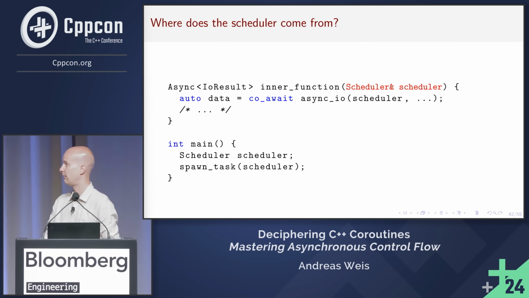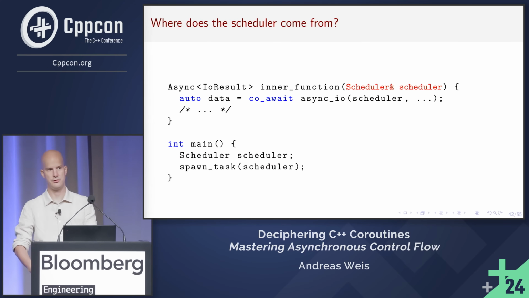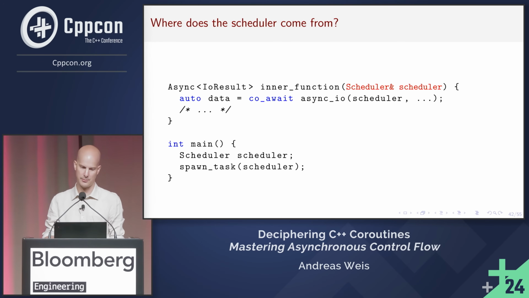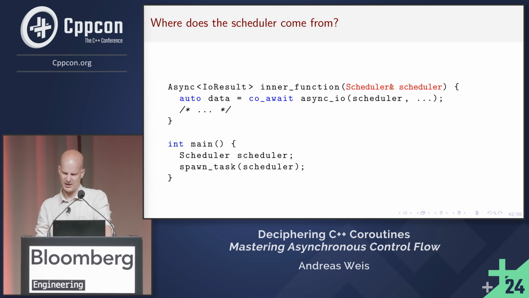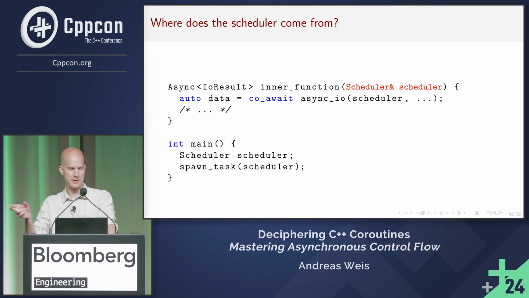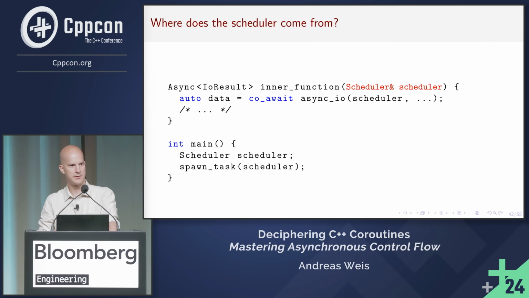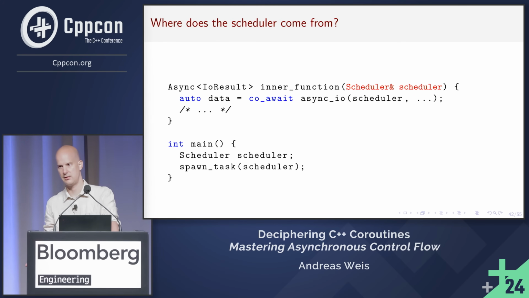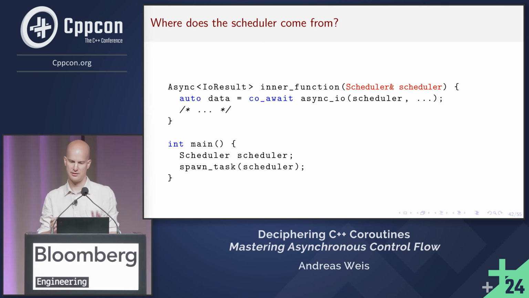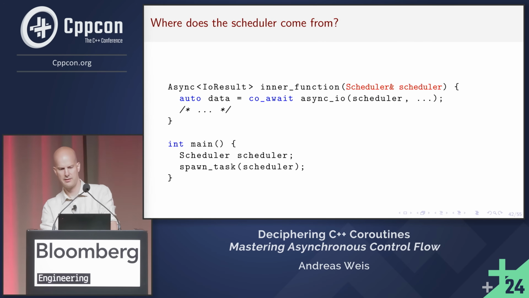So the obvious way to do this is to just pass it along, right, as a function argument. But this is really annoying, right? That means now that all of the functions, even the ones that don't do any I/O themselves, need to pass along this scheduler object. And yeah, it bloats up your function signatures. There must be another way.